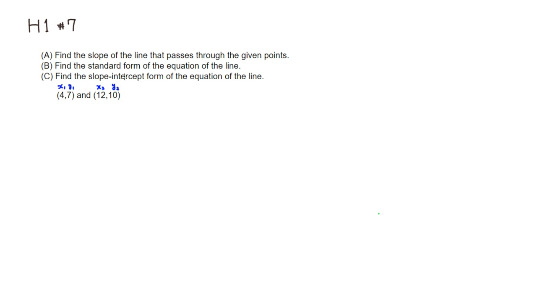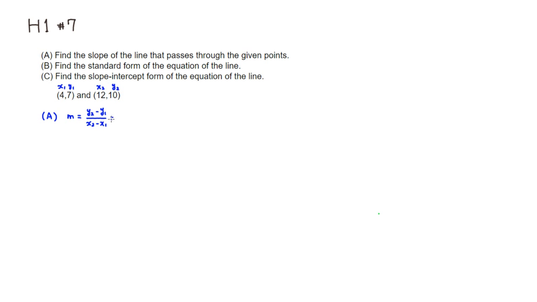So for part A, slope m can be found by the difference in y values, so y2 minus y1, over the difference in x values, so x2 minus x1.